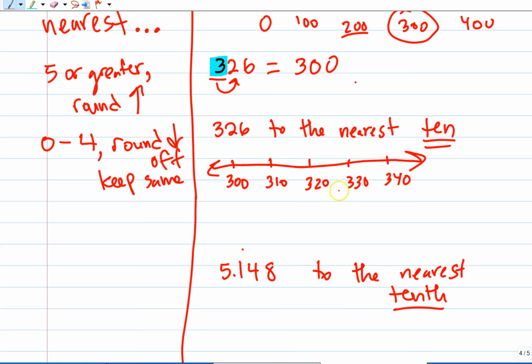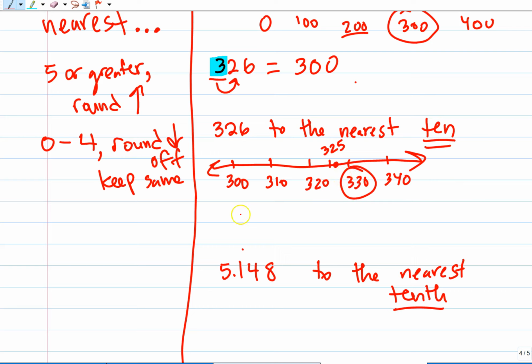Well, it's between 320 and 330. Halfway there would be 325. Where's 326? Well, it'd be right after that, right? So where is the nearest 10? If I was counting by tens, would 326 be closer to the 320 or the 330? Well, heck, it'd be closer to the 330.